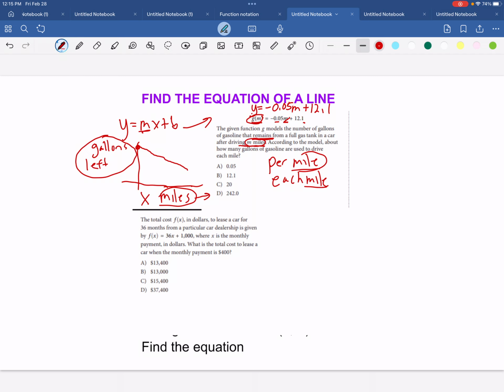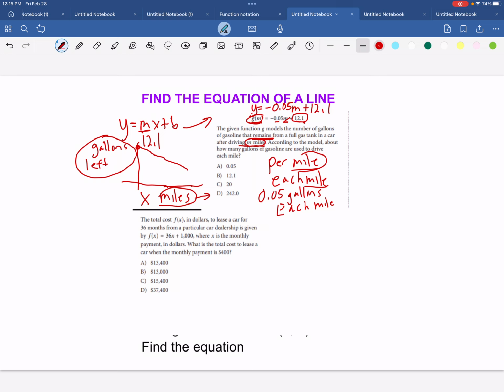And then keep in mind, this right there, there's no variable attached. There's just 12.1. That's the starting amount. So we would start with 12.1 gallons, and then we're going to burn up 0.05 gallons each mile. All right?